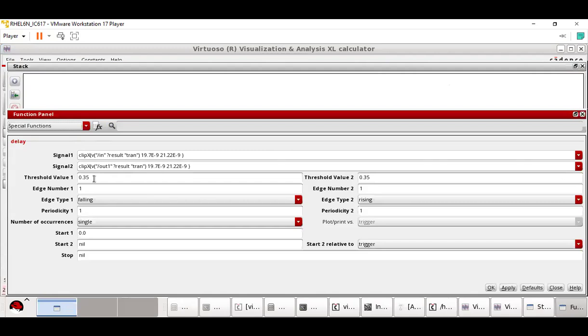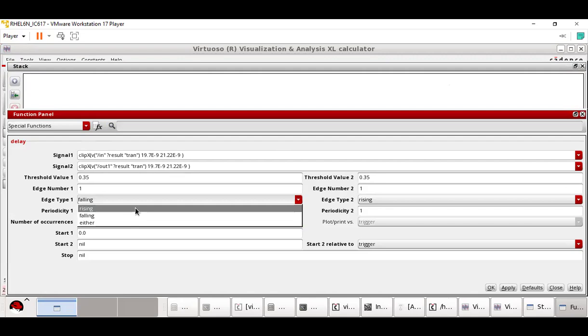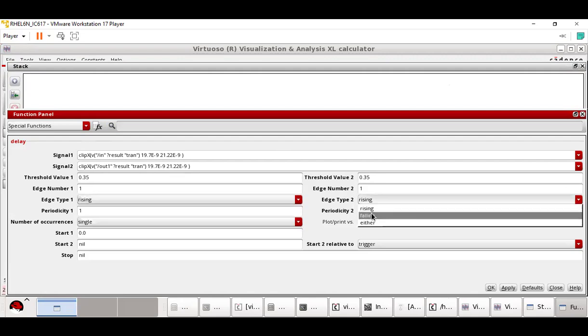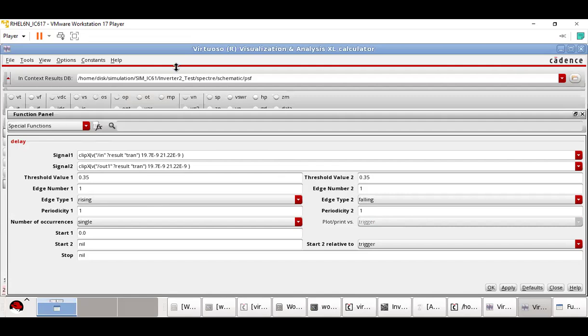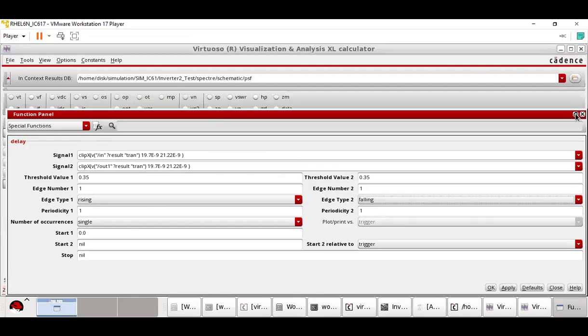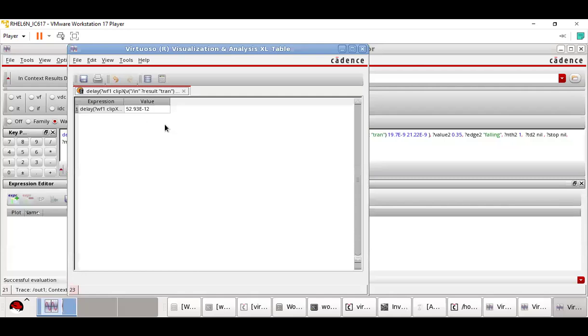Then you have threshold voltage again, the threshold value same. Now your input is rising, output is falling. Then you apply it. And then see this.